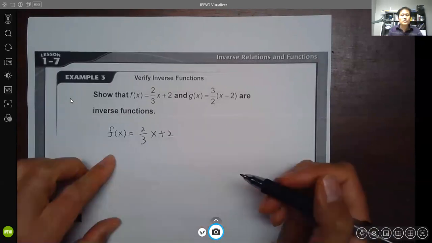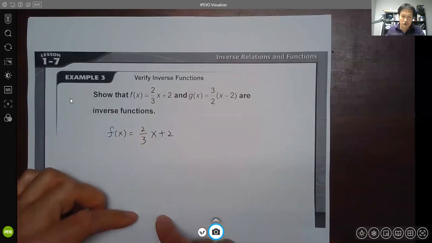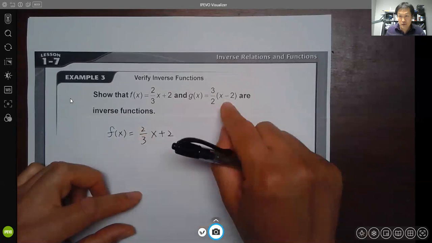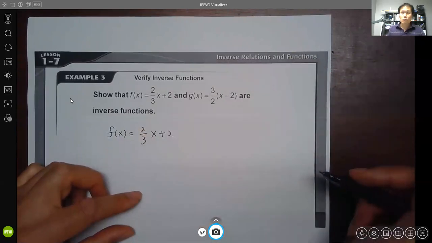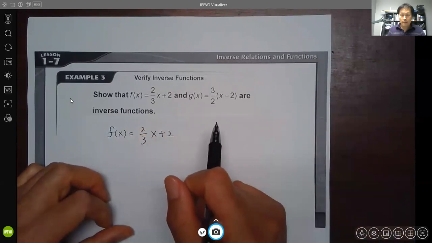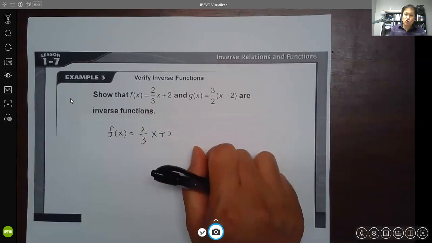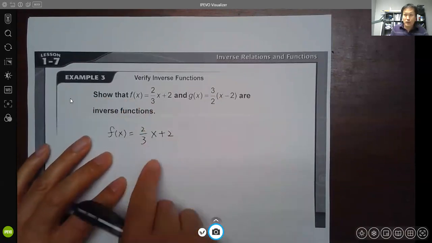And some students say, I'm going to find the inverse function of this. Then at the end, that inverse function I found is equal to this. Here I showed it. Wrong. This is a wrong way to do it. So when I ask you to show that two functions are inverse functions, do not do this.